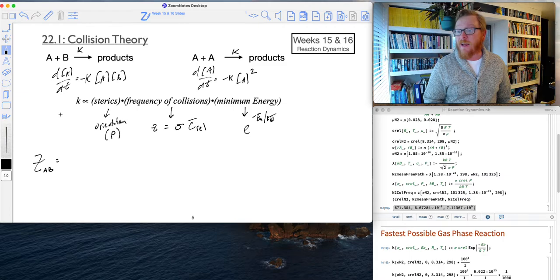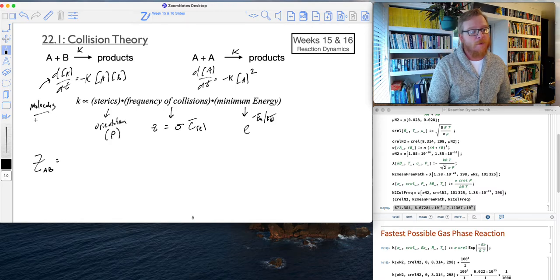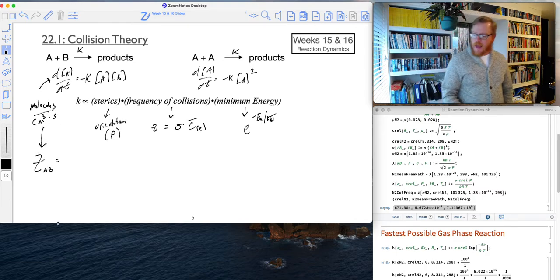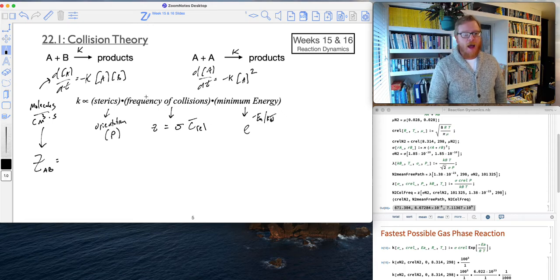That represents my collisional density, which has the same units: molecules per cubic centimeter per second. For Z_AB, we're not going to include the orientation factor just yet. I'll build that in soon.